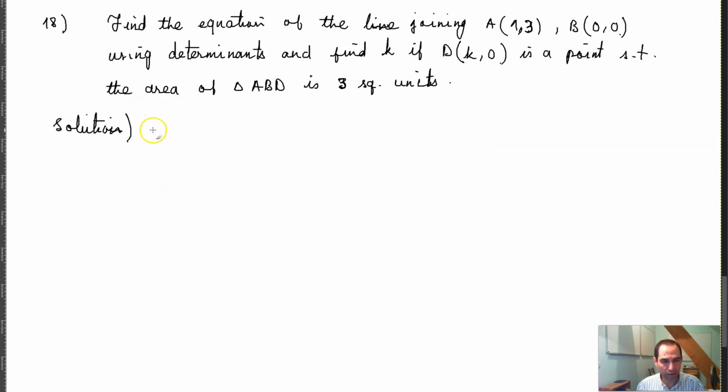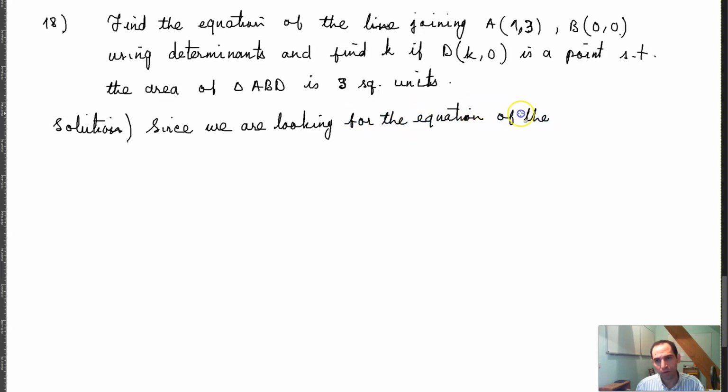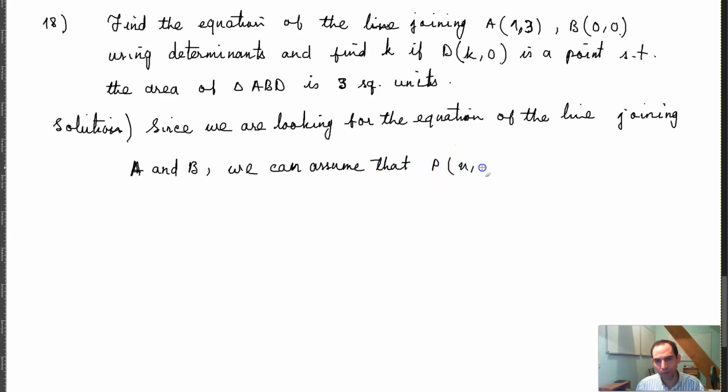I would say that since we are looking for the equation of the line joining A and B, we can assume that some point P, for example, with coordinates x and y lies also on the line.